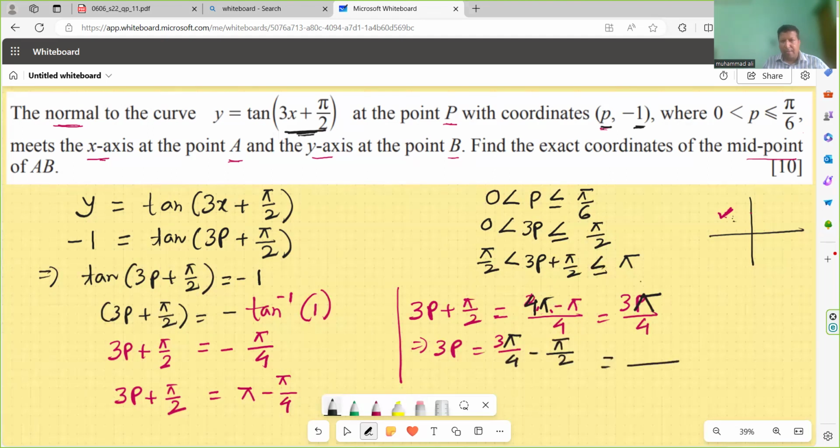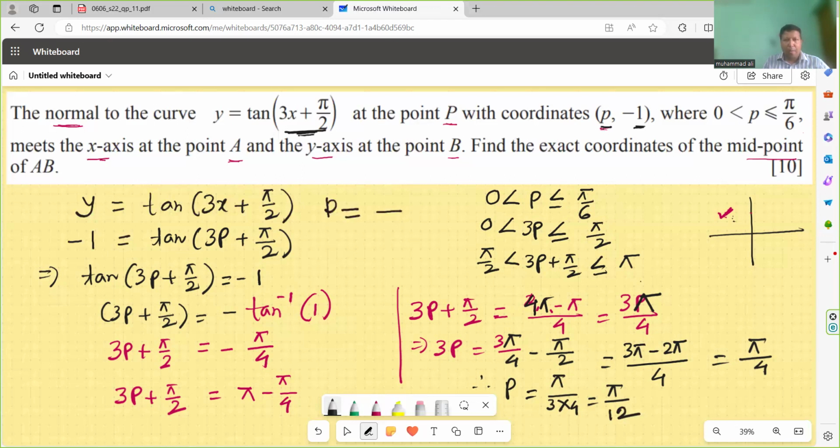If we do the LCM, we get 4: 3 pi minus 2 pi, that means pi by 4. So finally, the p value is pi by 4 multiplied by 1 by 3, which is pi by 12. So from here we get the p value equals pi by 12.